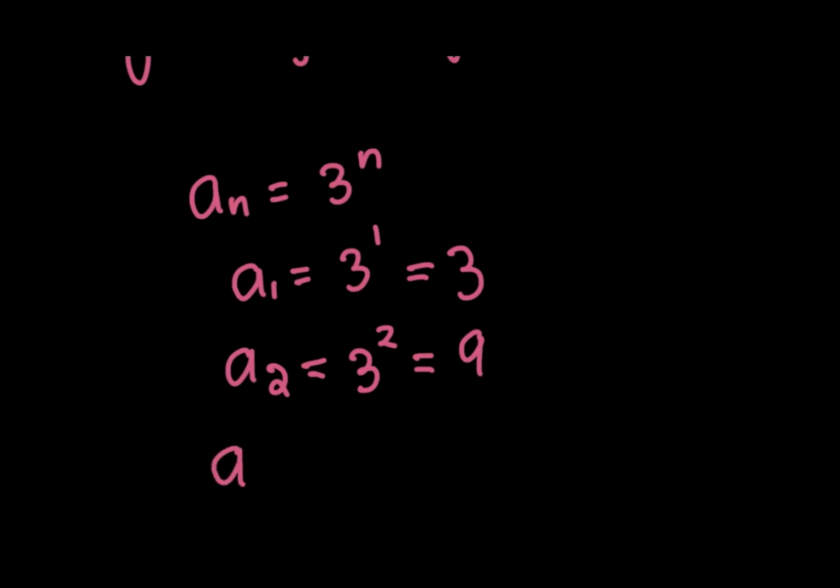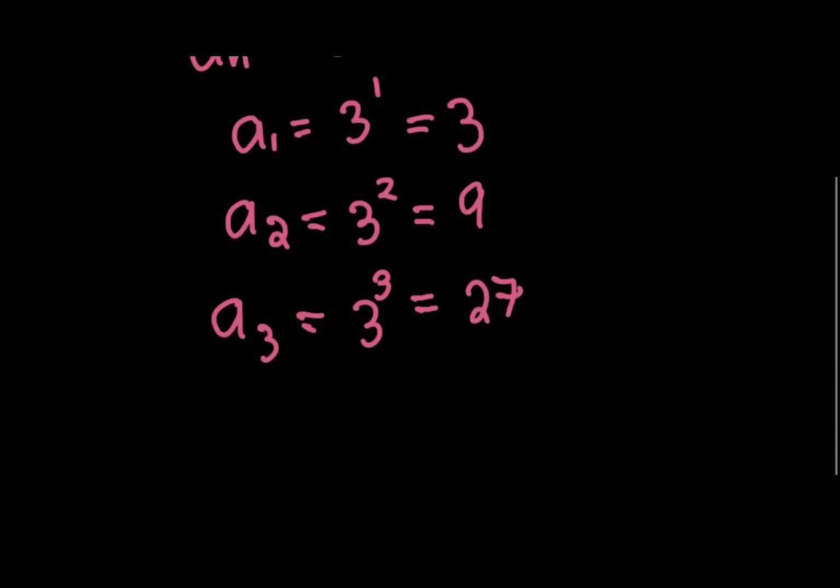We have a sub 3. Now we have 3 cubed. And 3 cubed is equal to 27. For the fourth term, we have a sub 4, 3 to the fourth power. And 3 to the fourth power is, if you type it in your calculator, 81.